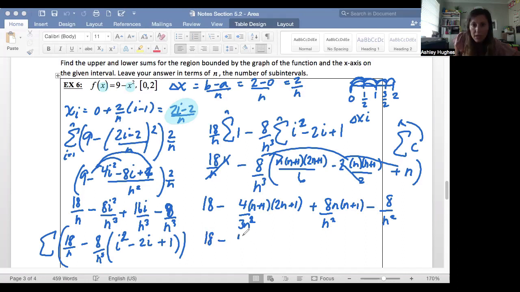So that would be 4n plus 4 times 2n plus 1 over 3n squared. And then here we have plus 8n over n squared.